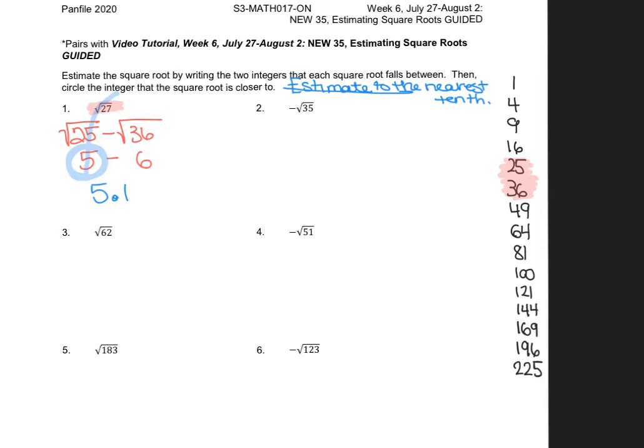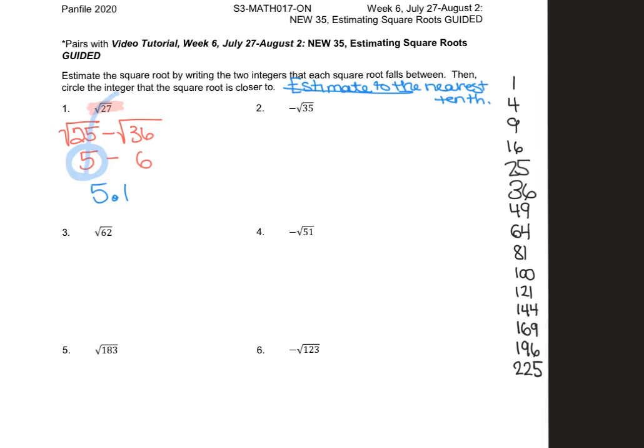Now, here we have a negative, but it's the same thing. Your integers are just going to be negative. So I have 25 and 36 here. Now 35, what two numbers is that going to be between?